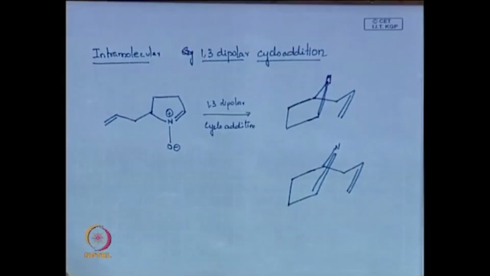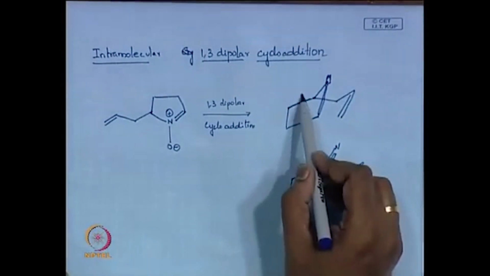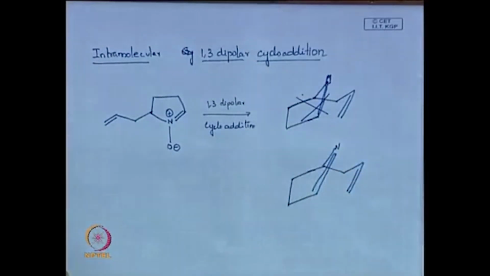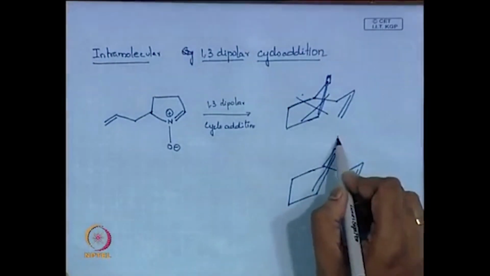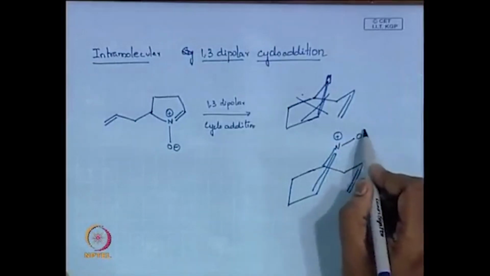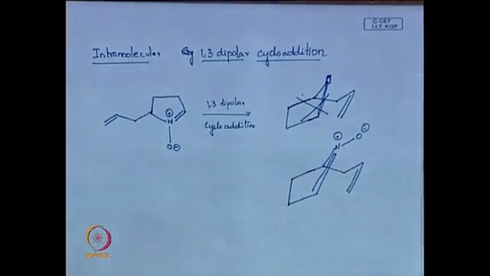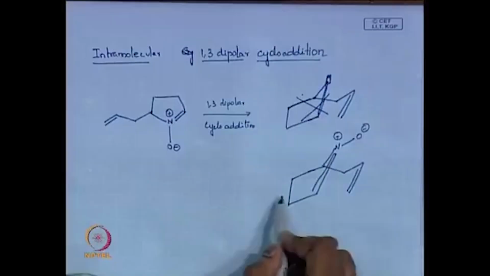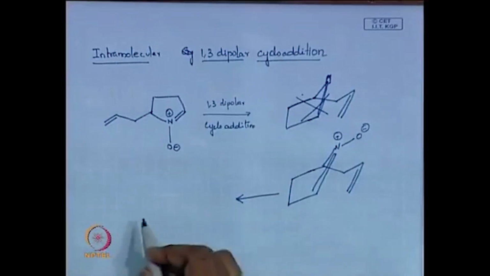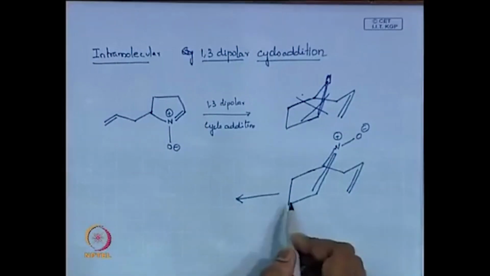Okay, to be much clearer, you have this system. So, now you have here N plus and O minus. Now you can do a dipolar cycloaddition. So, what should be your product? This is a better way of writing it.